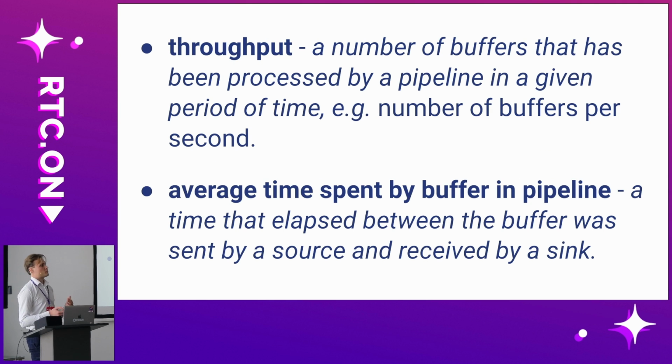And in order to be able to tell whether the processing happens at a satisfactory pace, we need to define some kind of metrics. I would like to propose 2 of them. The first is throughput, which is the number of buffers that are processed by a pipeline in a given time. And the other one has a long name, however, I think it reflects what it is: the average time spent by a buffer in a pipeline. So the time that has elapsed between the buffer being sent by a source and received by a sink.